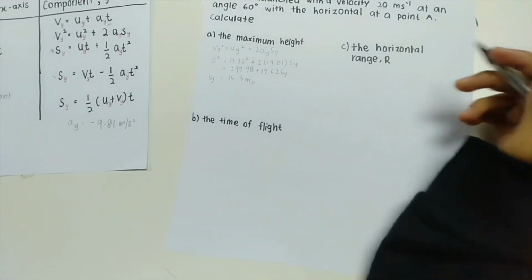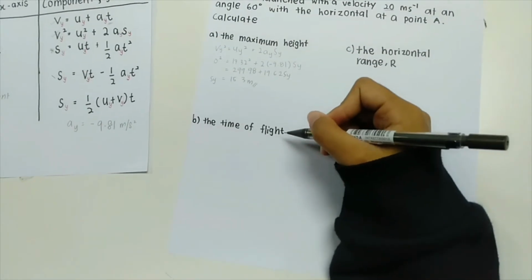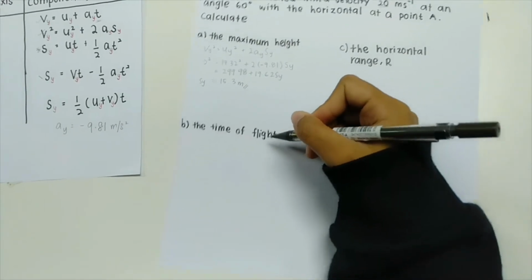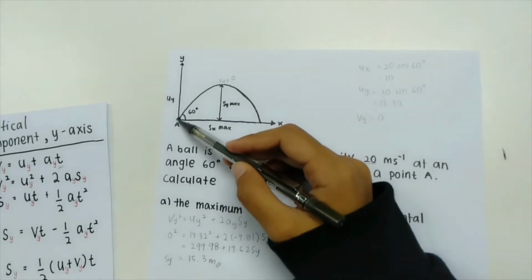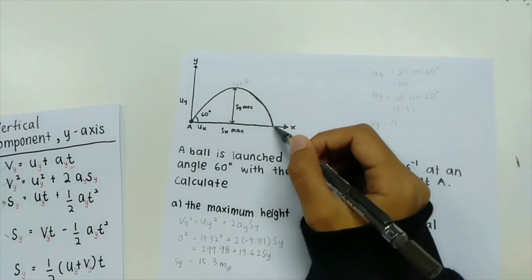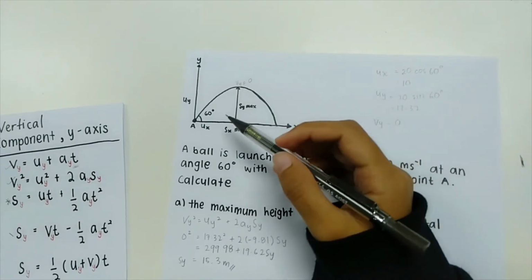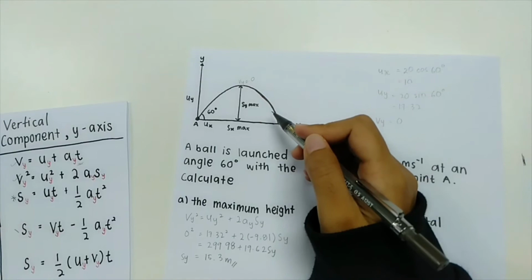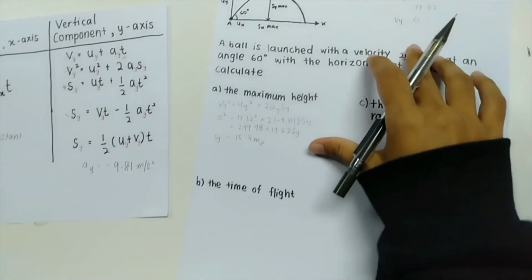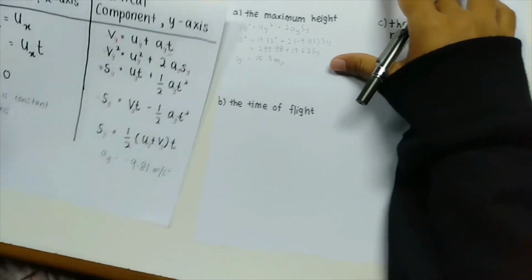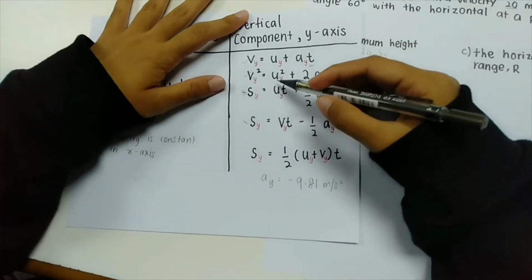For the next question, the time of flight, it means you want to know the time taken from the starting point until the end point. For this, we will use this formula.